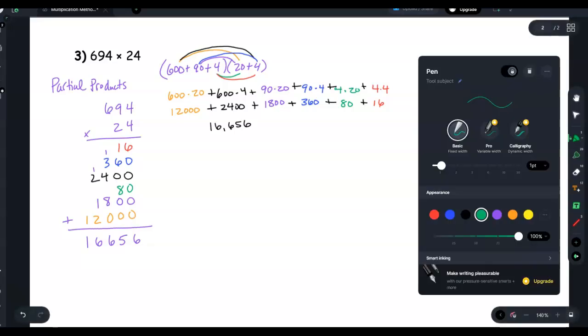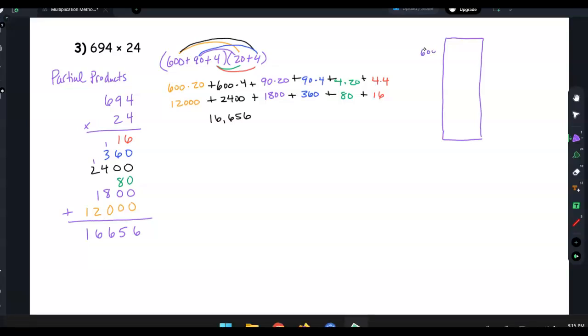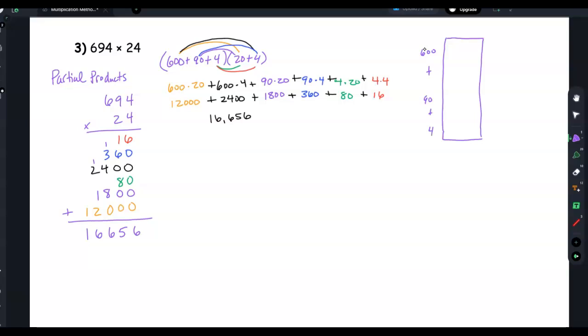I'm sorry, I need to go ahead and do my area model here. I'm going to squeeze it in over here. So I'm going to go ahead and do 694 times 24. This time, since I made the left side bigger, I'm going to make that my larger number. So this is going to be my 600 plus my 90 plus my 4.